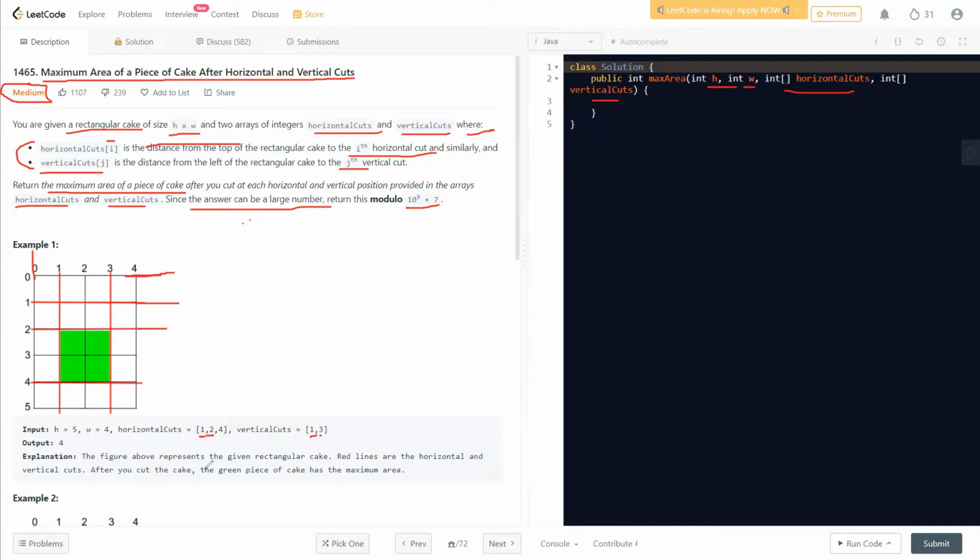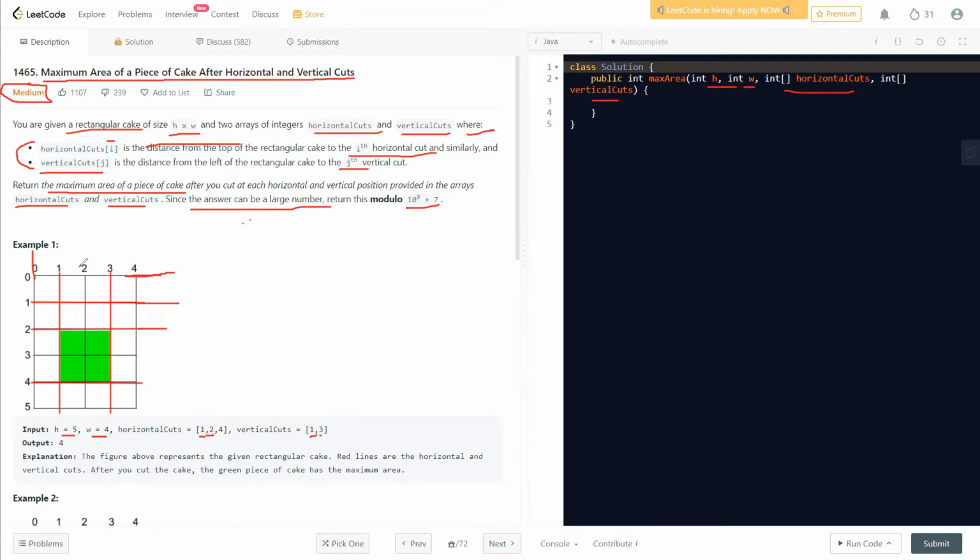Let's try to understand the example. To be exact, the example says h is 5 and w is 4. So we can see 5 units of height, and then the width w is 4. Those are the things given to us, and then we look at what else we have.